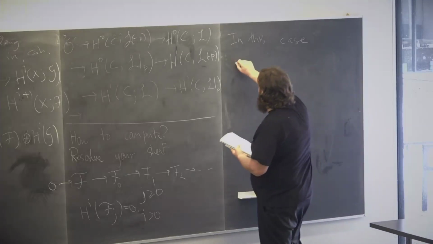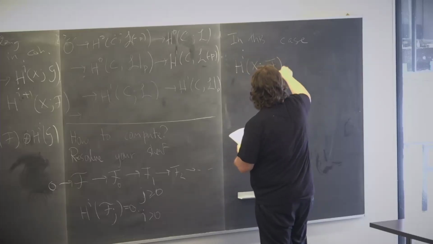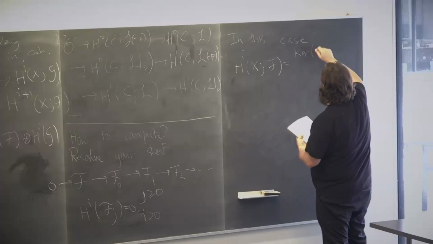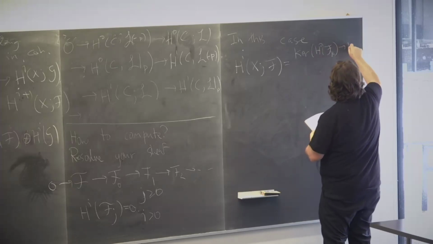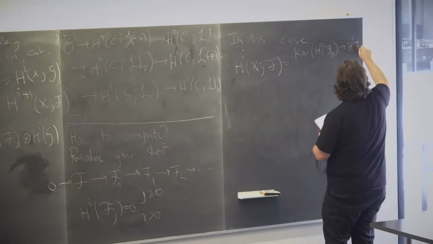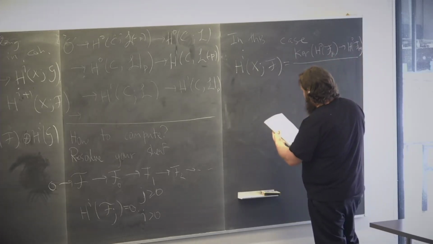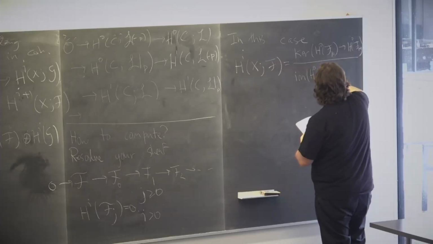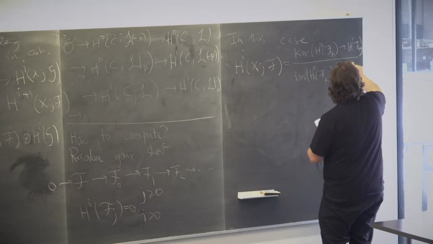So in this case, we have H^i(X, F) is equal to the kernel of the map from H^0(F^k) to H^0(F^{k+1}), divided by the image of H^0(F^{k-1}) into H^0(F^k).